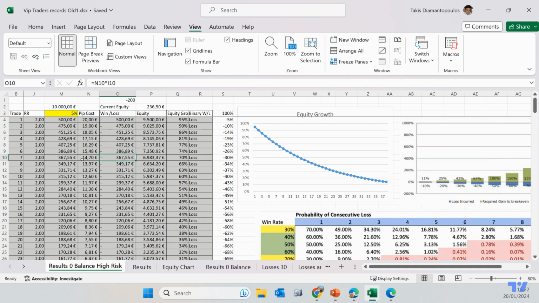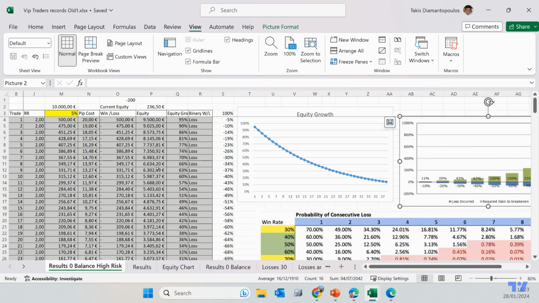In order to get to 30% losses, I need 7 trades. 7, not impossible. It's happening, okay? 7 trades and your bank is 30% down. And then you need to regain this 43% up to break even to 10,000 again.